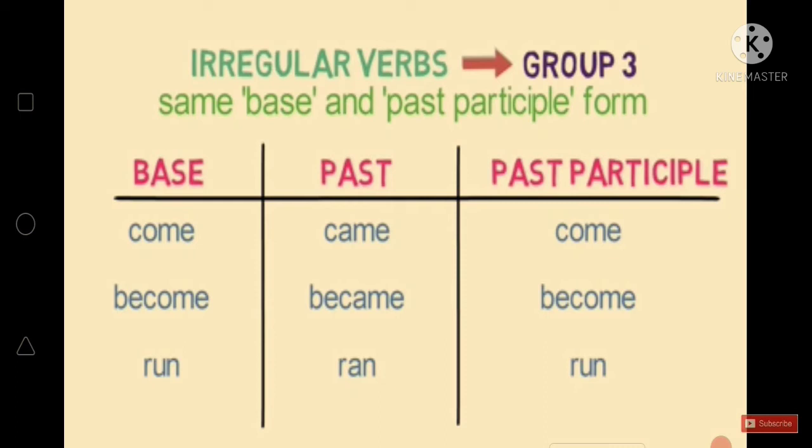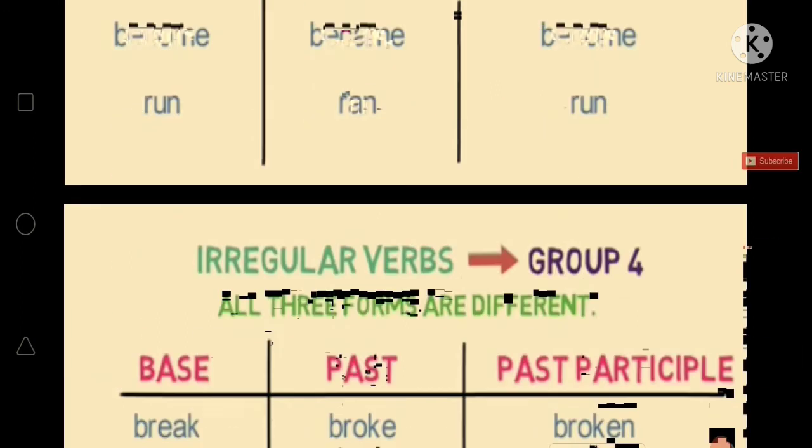Come, came, come. Become, became, become. Run, ran, run. So the base form and the past participle are the same. These verbs come under group 3.